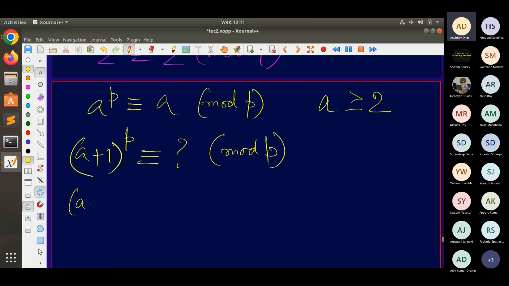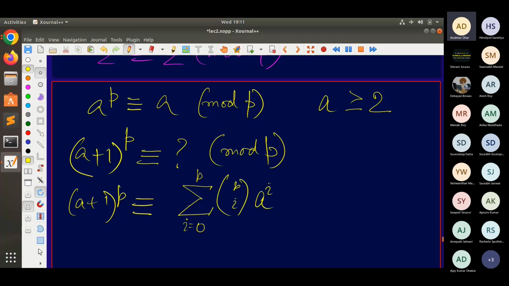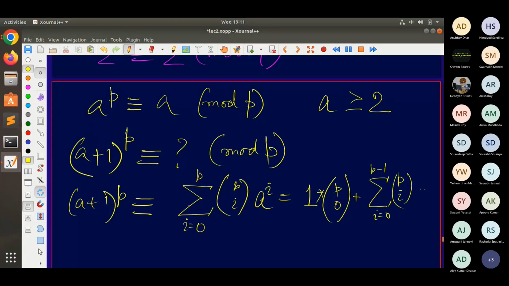So this again by binomial expansion is, let's just write it this way, summation I equal to 0 to p, p choose I a power I, which is equal to 1 times p choose 0 plus summation of 0 to p minus 1, p choose I a power I, plus p choose p times a power p.